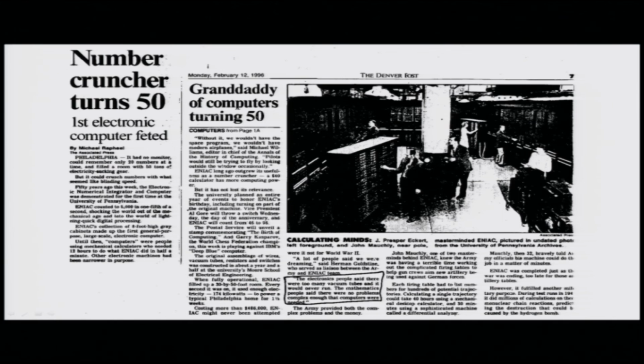Fully operational, it filled a 30 by 50 foot room, and the current day power of this machine is worse than a present calculator that you have in your hand. And yet this was the beginning of the concept of the computer as we know it today.